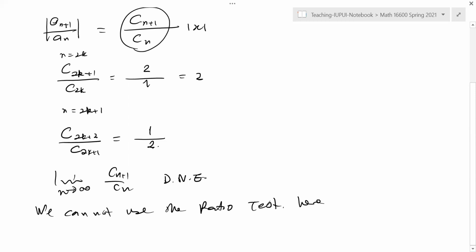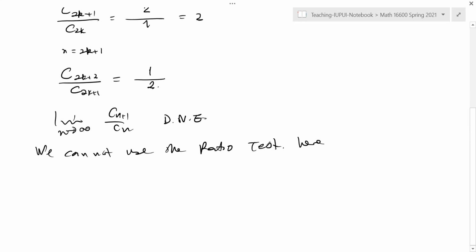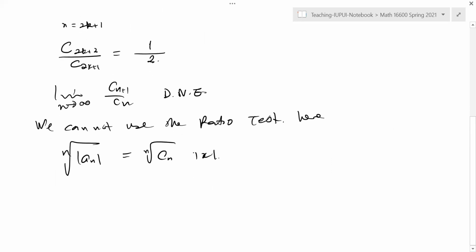The next one we can try is the root test. This is a really good question. The root test is the nth root of c_n times absolute x. So the question is, does it have a limit?